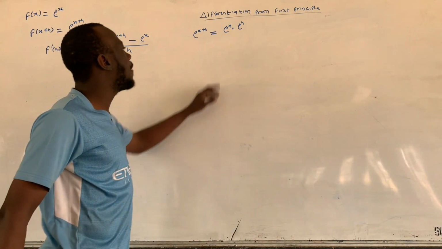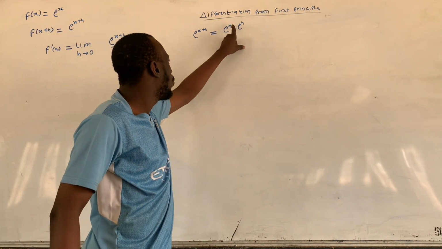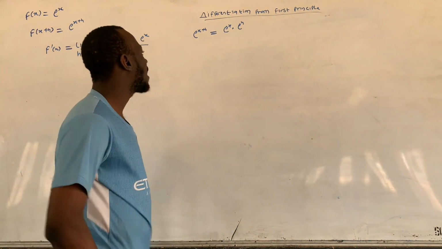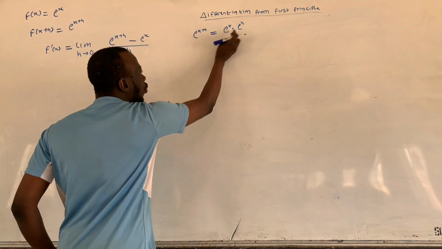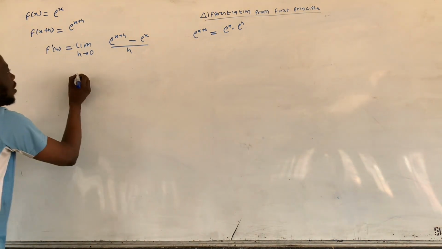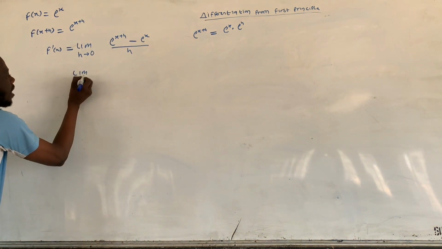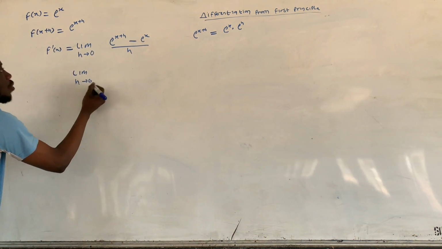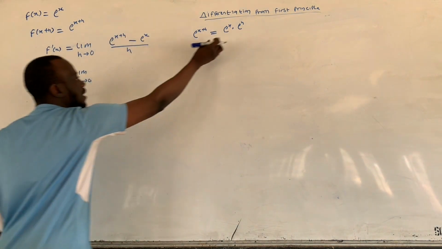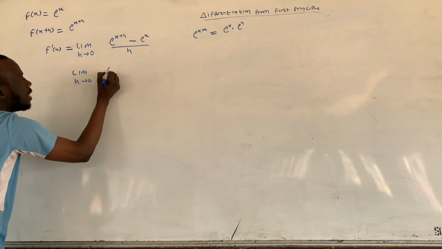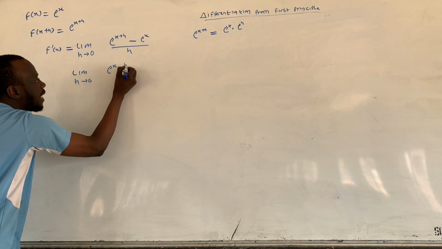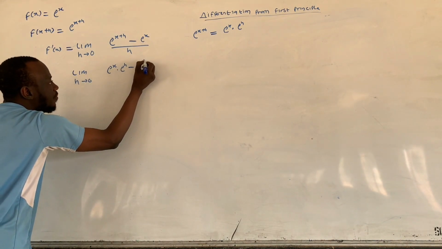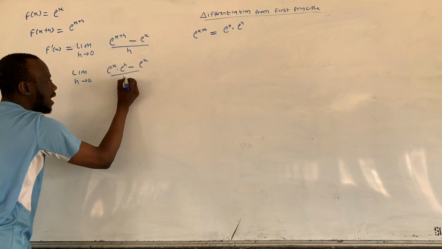When we have the same base but different exponents, we sum up the exponents or the indices. So we can replace this with e to the power of x times e to the power of h minus e to the power of x, all over h.